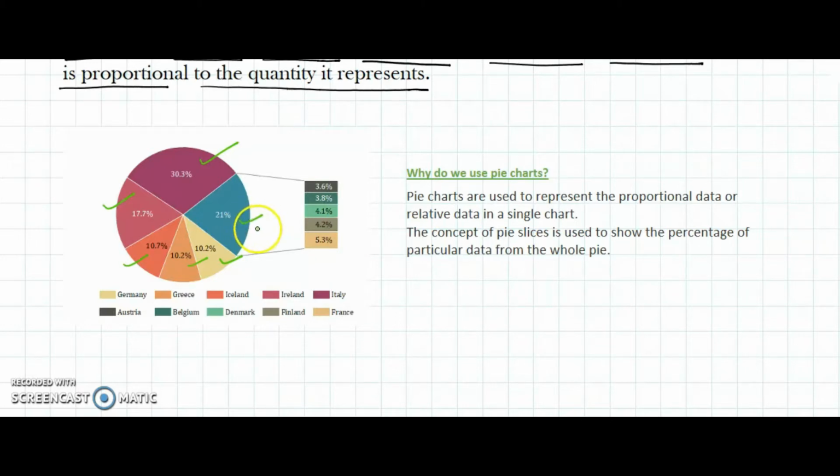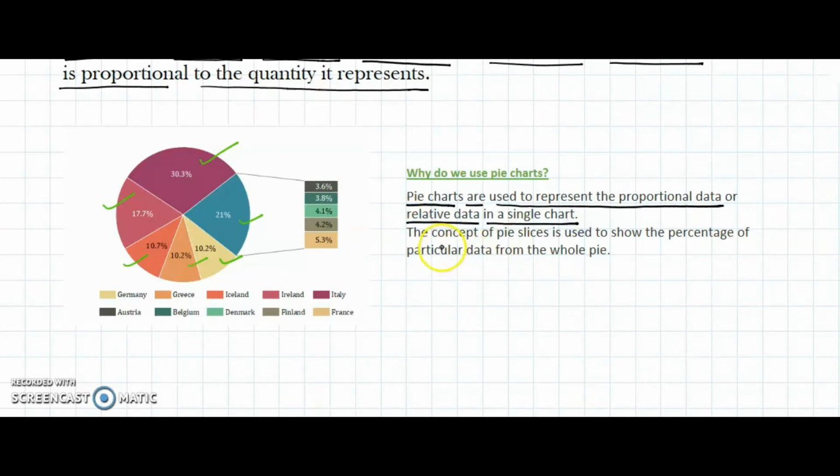But what we have to understand more carefully is what the use of a pie chart is. Why are we using the pie chart, as we already have different kinds of graphs in our syllabus? A pie chart is used to represent proportional data, or relative data, in a single chart.